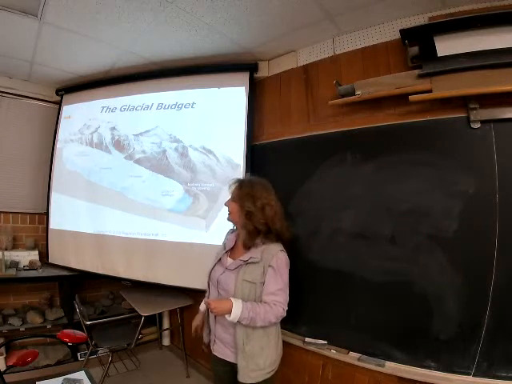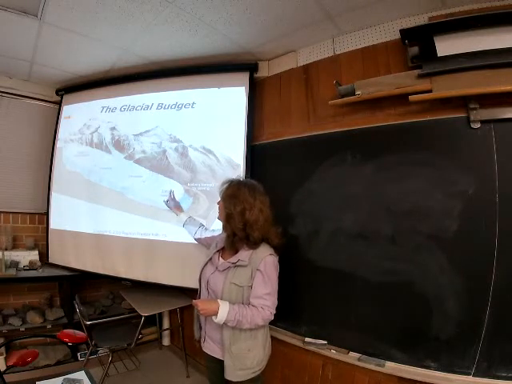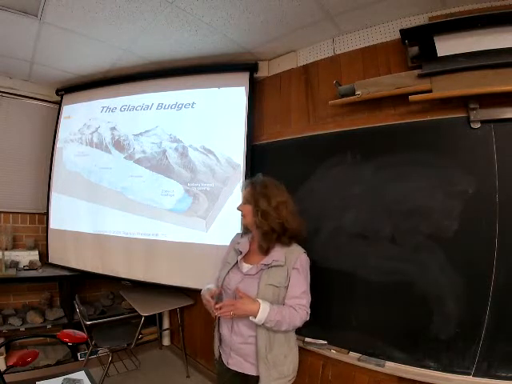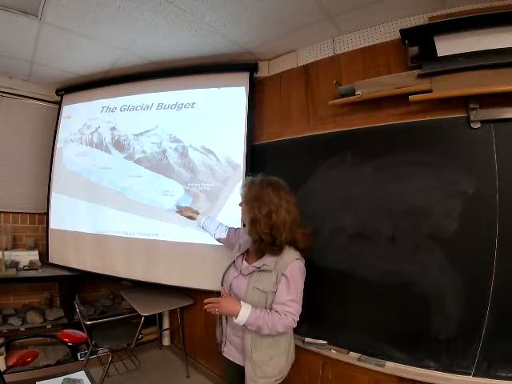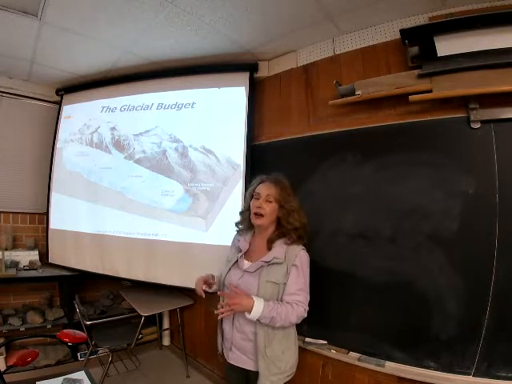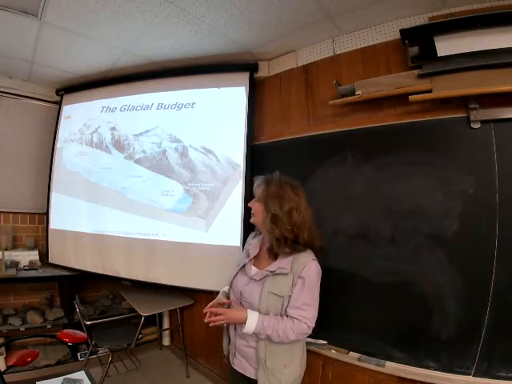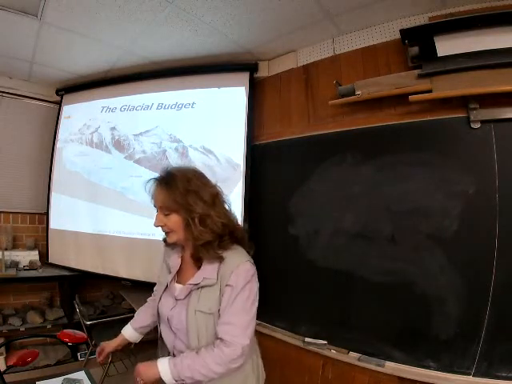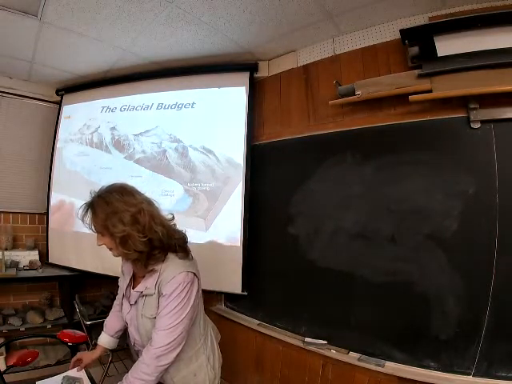Things can get trapped down in there. And then the zone of wastage. So here we are having a net loss to our glacier. And here it's also meeting up with the sea and calving off and forming those little icebergs that will float out in there. So that's a nice little picture of all of those terms we looked at.